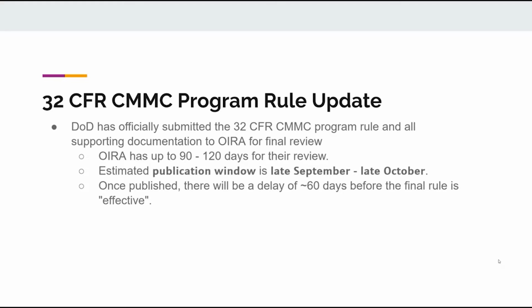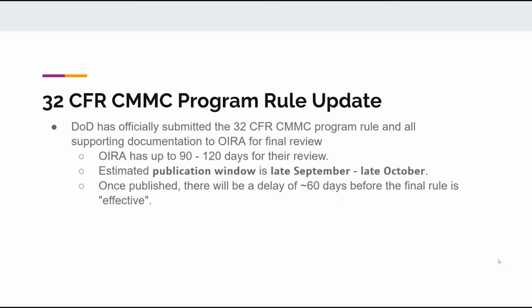Once it's final or published, they always bake in an effective date: 30 days, 60 days, 90 days. So it's going to have 60 days or so where it will say, great, we've published, rollout begins, or this gets deployed in X amount of time.